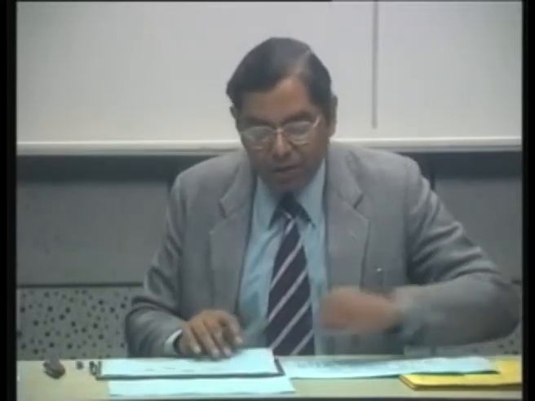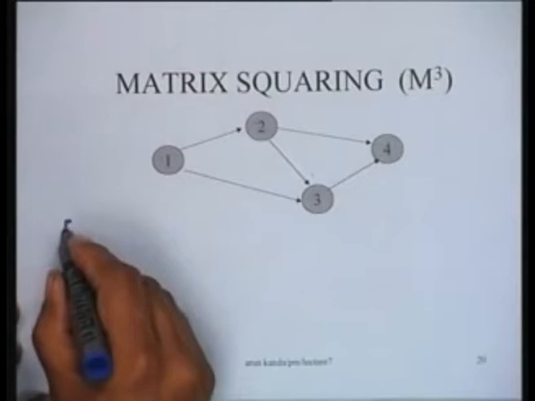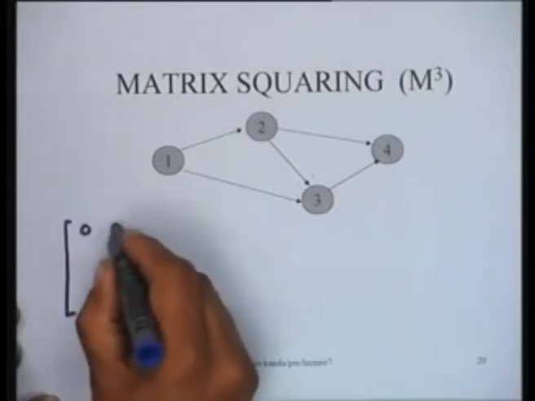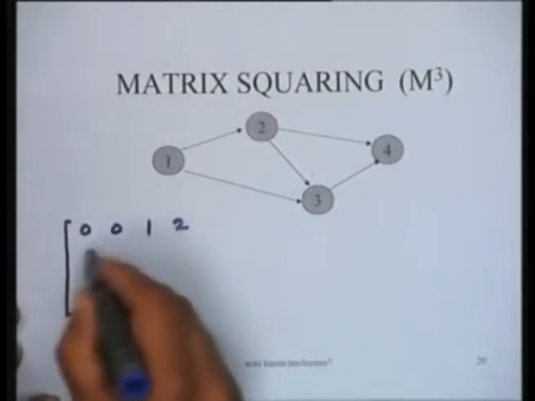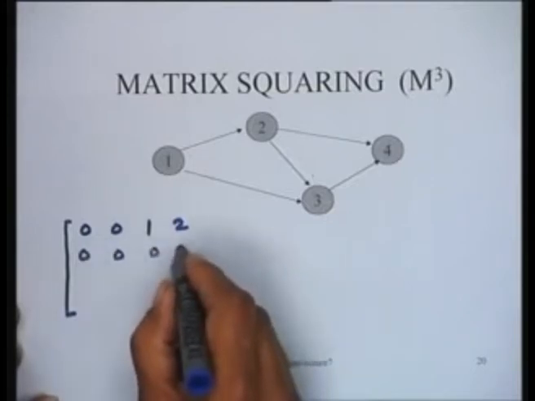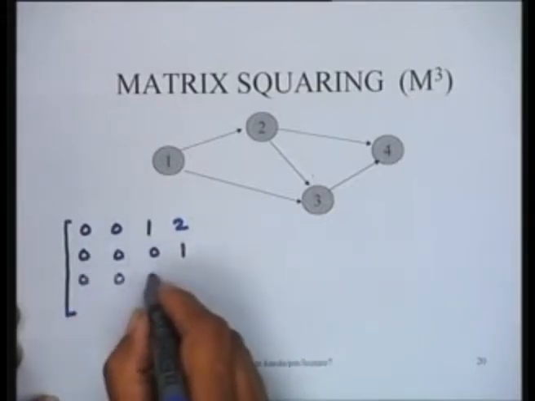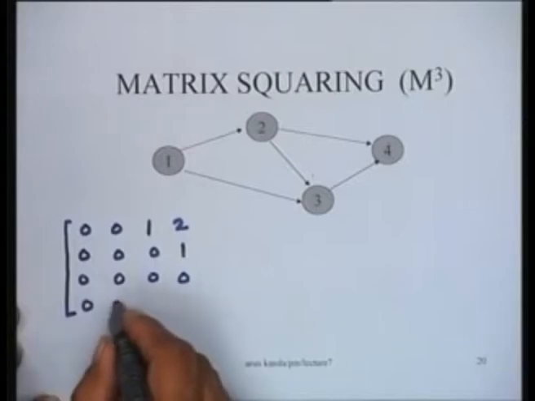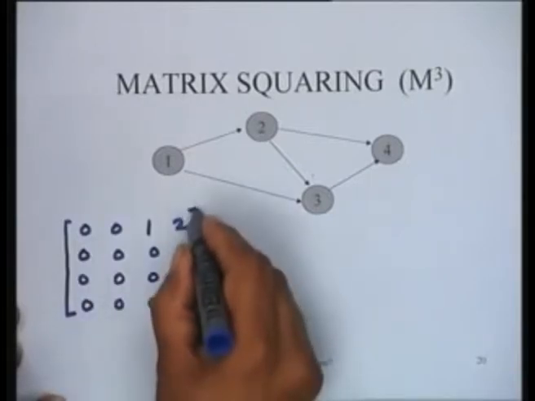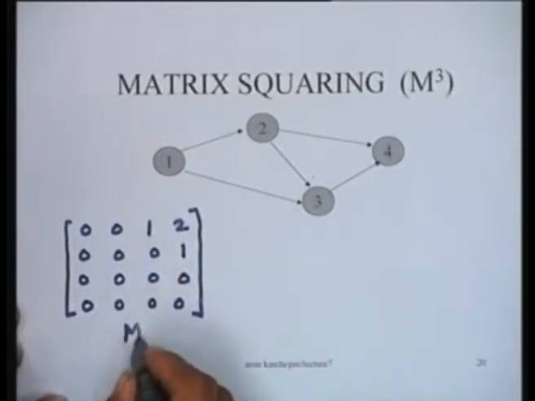Let's generate M cube for this. For instance, we found out that M square for this example is 0, 0, 1, 2, 0, 0, 0, 1, 0, 0, 0, 0 and 0, 0, 0, 0. This was actually nothing but M square.